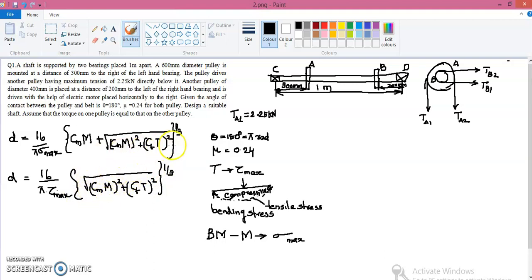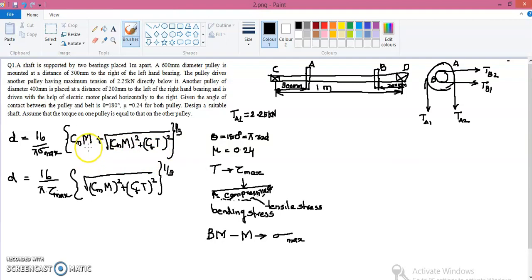So these are the two equations we are having for finding out the diameter of the shaft, and we can take this value of sigma and tau, the material stress limit, from the data book. The Cm, that is the combined fatigue and shock loading factor for bending moment, and Ct, that is the combined shock and fatigue factor for torque, this also we can take from the data book.